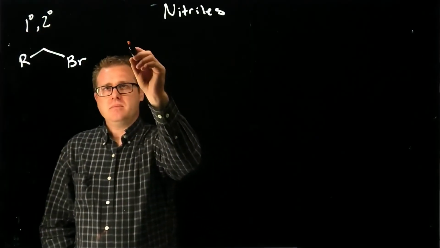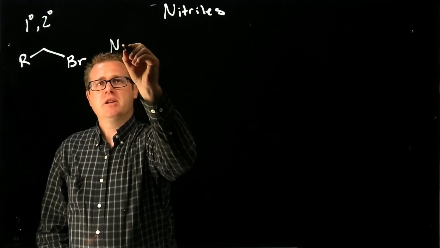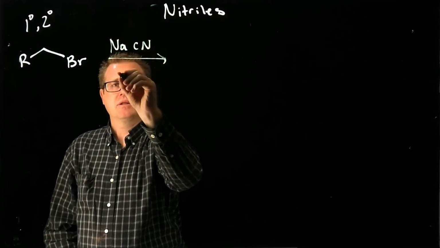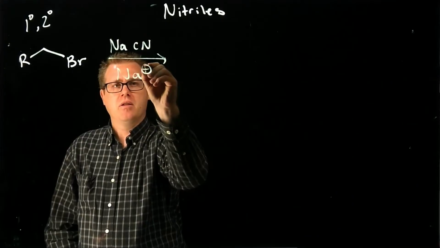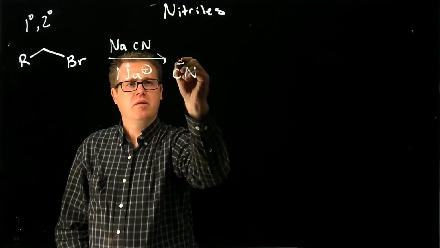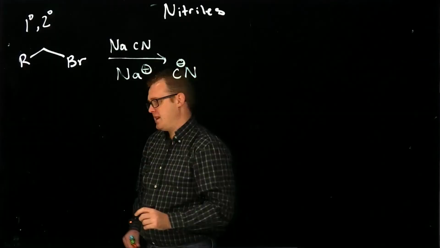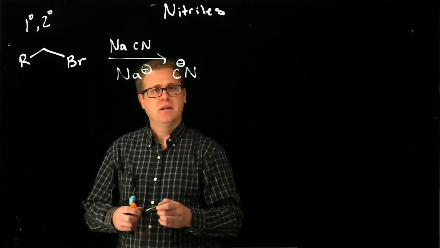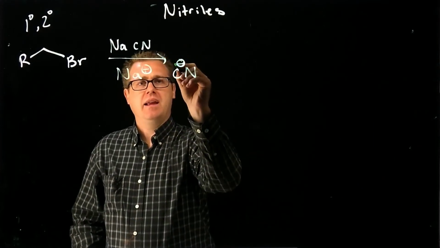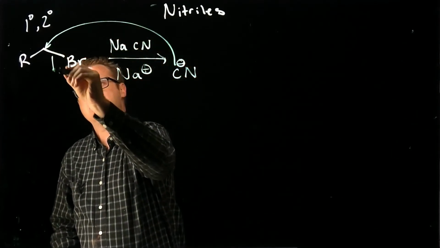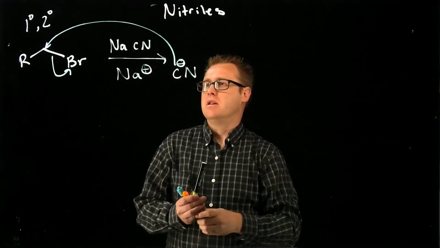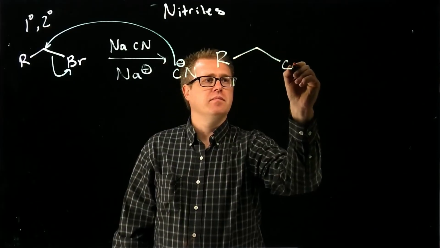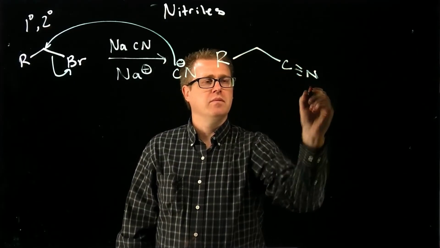And if you just treat it with sodium cyanide, that's an ionic compound, right? So it looks like this. We can do an SN2 reaction and go SN2 style to form our nitrile. Just like that.